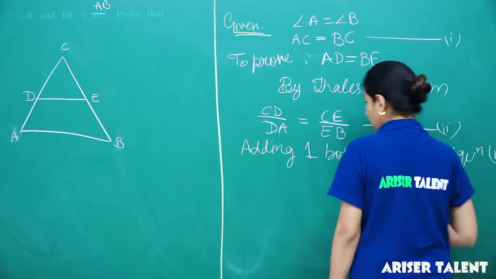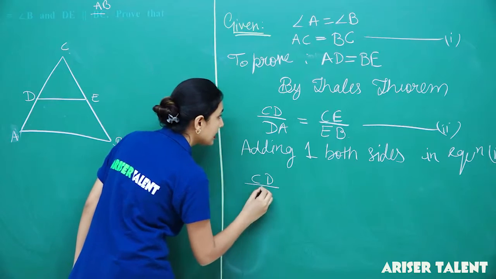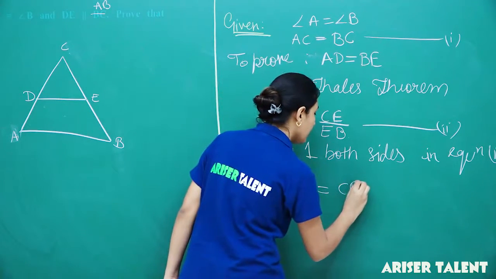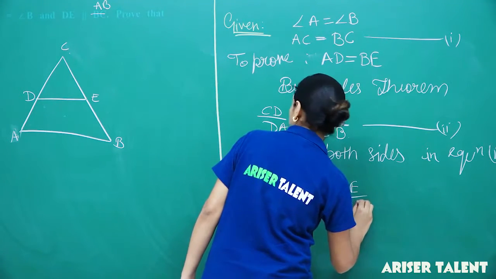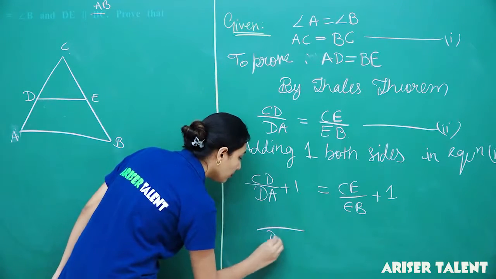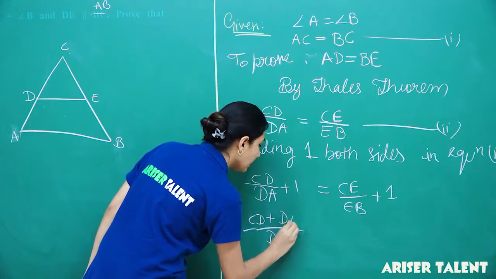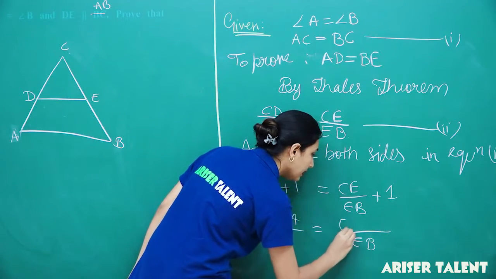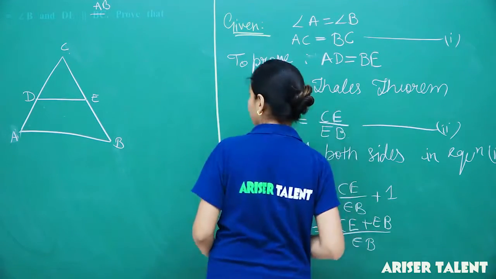What will we get by adding 1? That will be CD by DA plus 1, here it will be CE by EB plus 1. That will give you (CD plus DA) by DA, and here (CE plus EB) by EB.